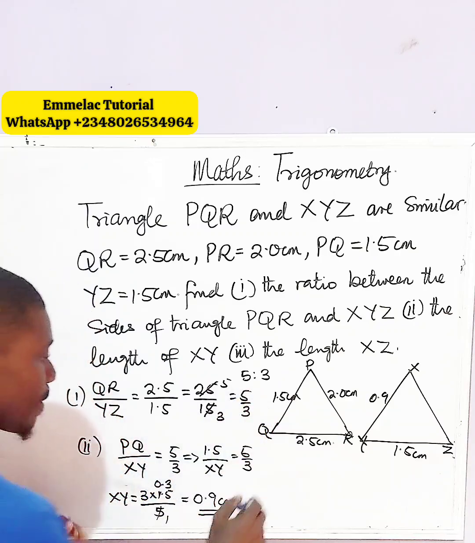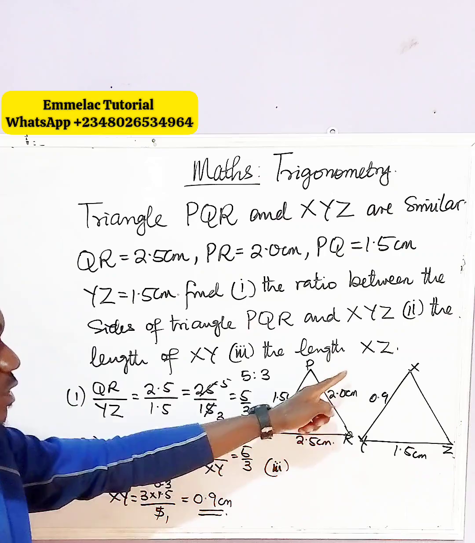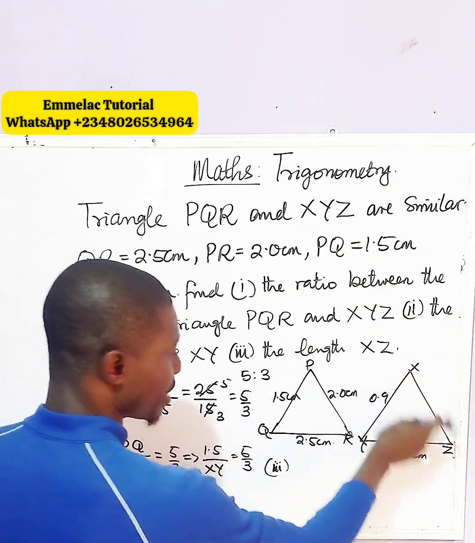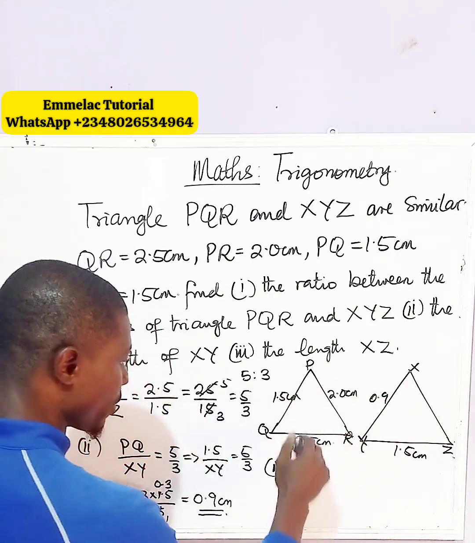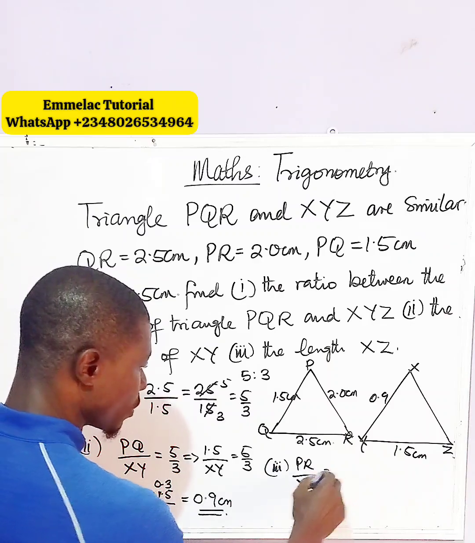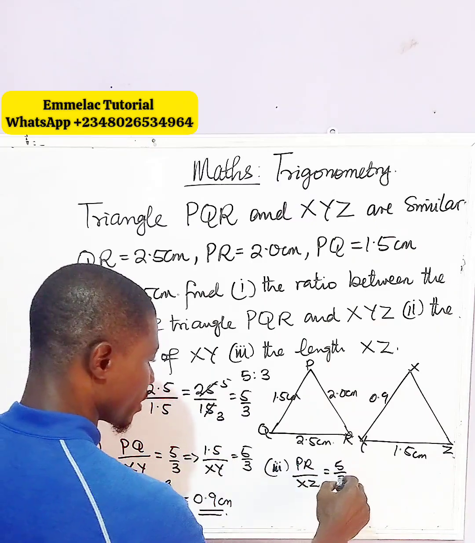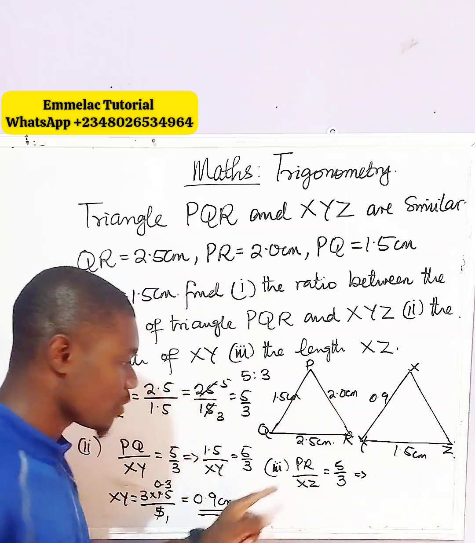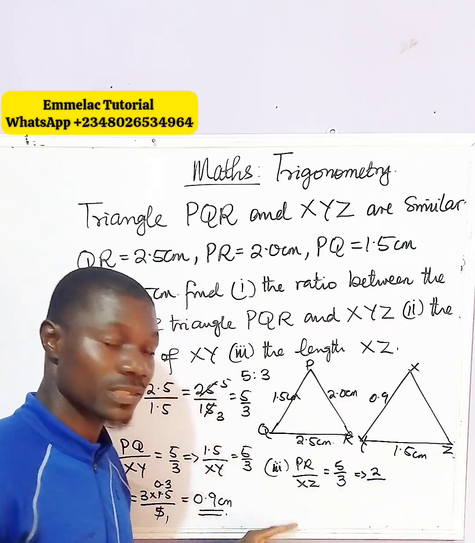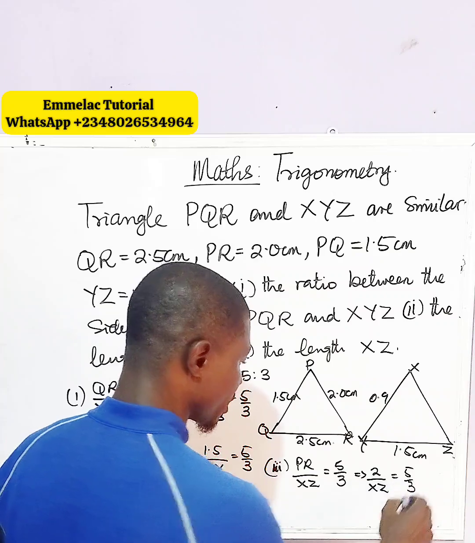So number 3, you have to find the length of XZ. And this XZ corresponds to this. So here we have PR all over XZ equals the same ratio, 5 all over 3. So PR is 2, all over XZ unknown, equals 5 all over 3.